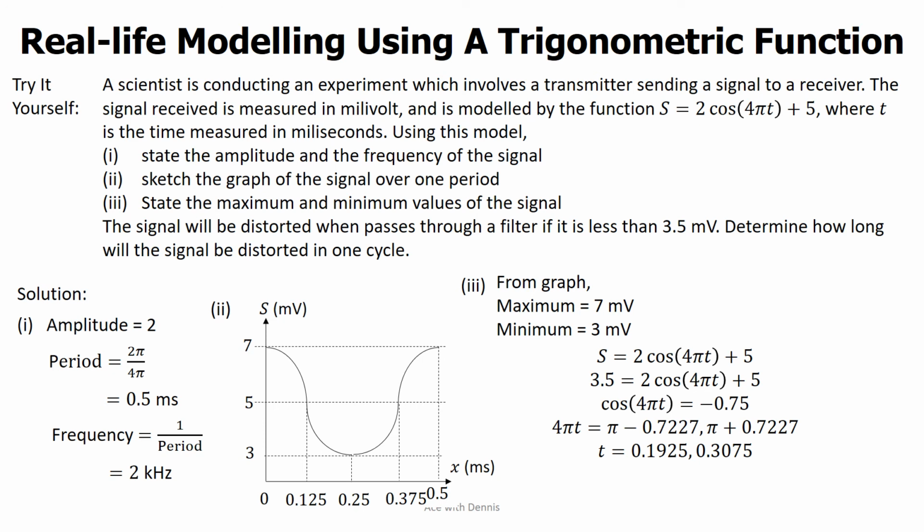So in between these two times the signal is distorted. So how long is the distorted period? It will be 0.3075 minus 0.1925, which is 0.115 milliseconds. Alright, so did you get the answer correctly?